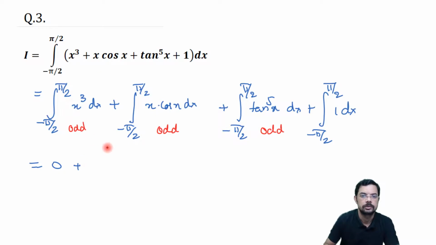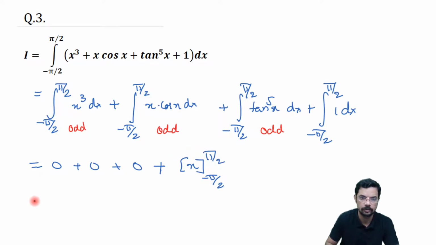So this part is 0 and this part is also 0. Now, plus integral of 1 dx is x. I'll take minus pi by 2 to pi by 2.